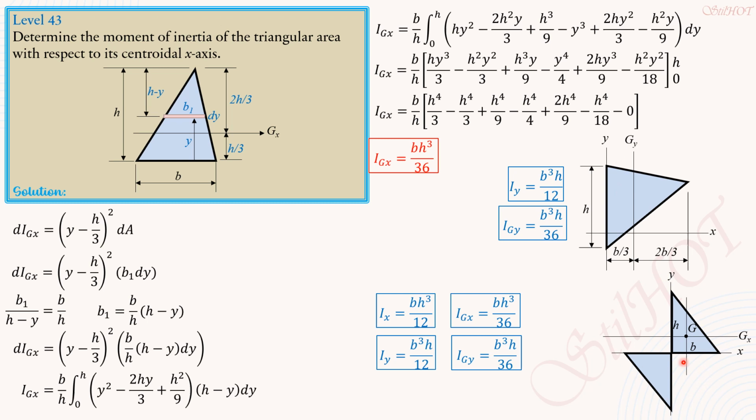But with respect to the base, bh cubed over 12, or b cubed h over 12 for a base that is coincident with the y-axis. So I hope you can remember that, as well as for circles and quarter circles, which will be derived in the next part.